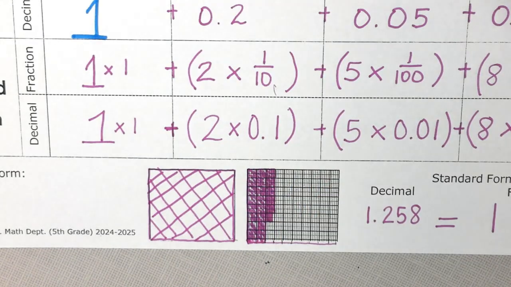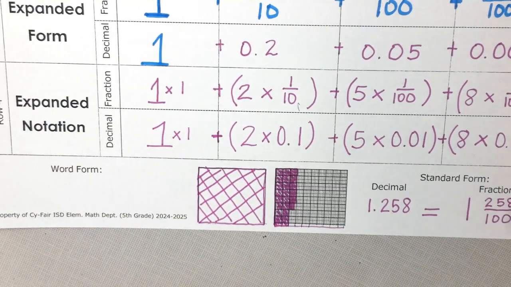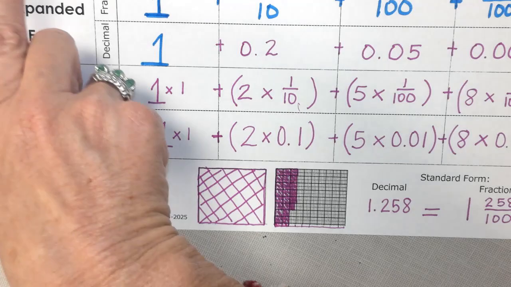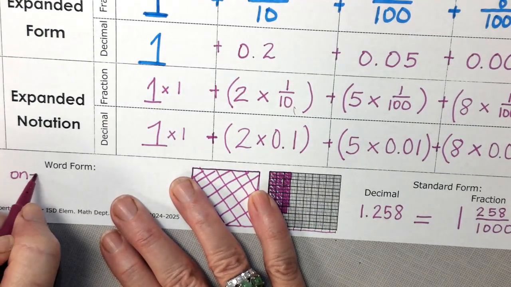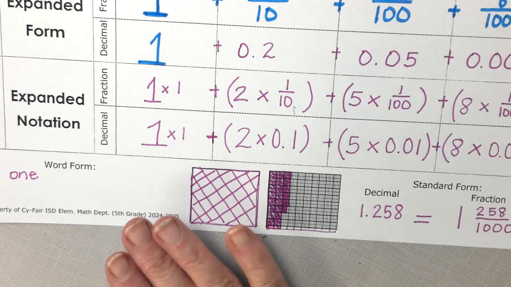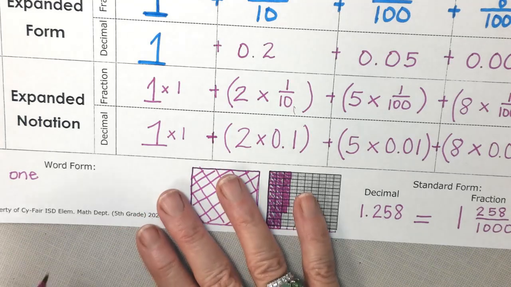The last thing that we have to do is to write our word form, and we kind of already talked about this. What is the number that's being represented in the ones place? Avery. 1. Good. And instead of decimal or point, what would we write? And.